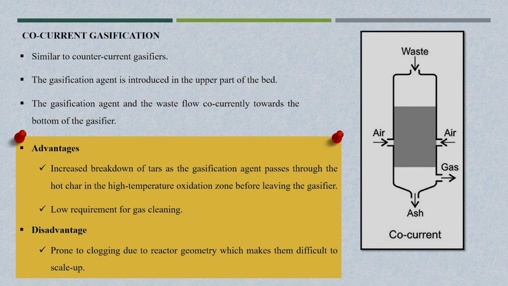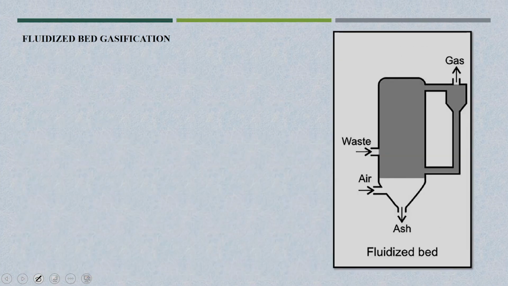Increased breakdown of the tar as the gasification agent passes through the hot char in the high temperature oxidation zone before leaving the gasifier. Low requirement for gas cleaning. Okay. And the disadvantage is that it is prone to clogging due to reactor geometry, which makes it difficult to scale up. So, because the gasification agent is directly entering into the waste material, clogging could be one problem here.